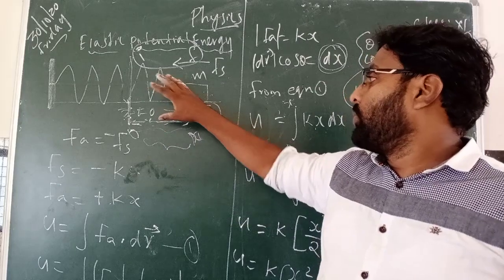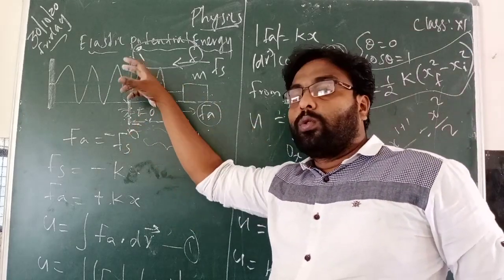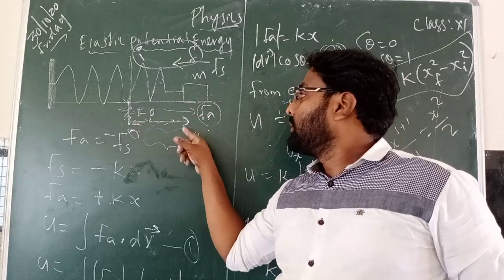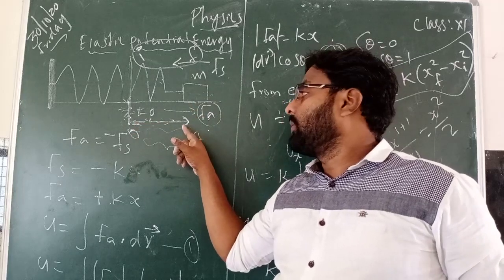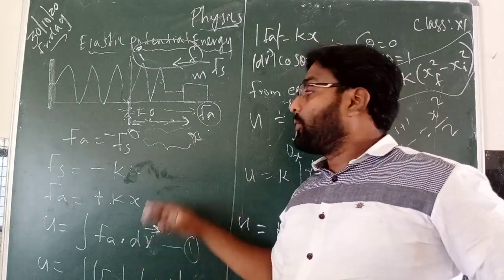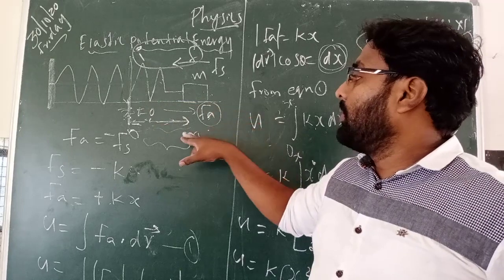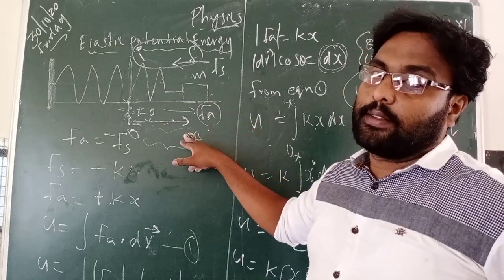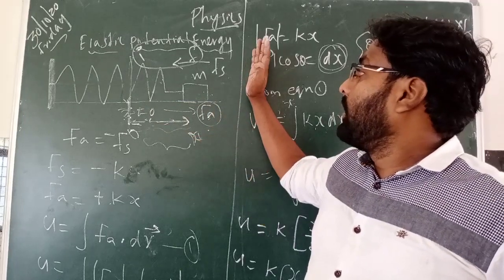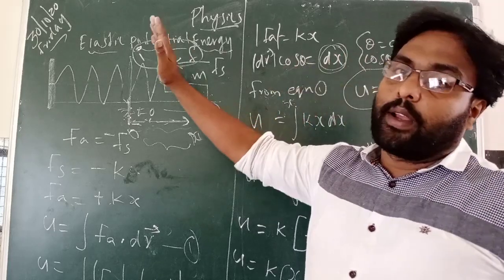Once you move this mass, the spring extends some distance x. So we are applying the force Fa on the mass. We moved some distance x, and if you leave that, what will happen? It moves back.